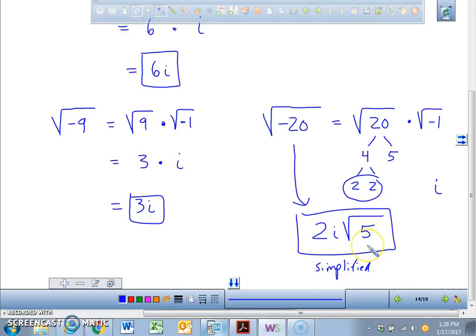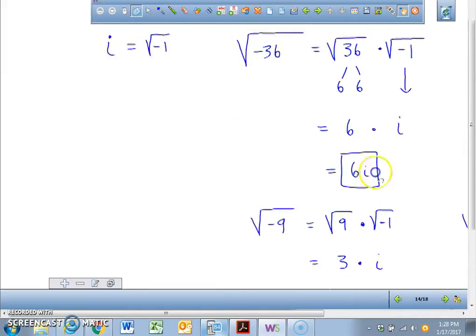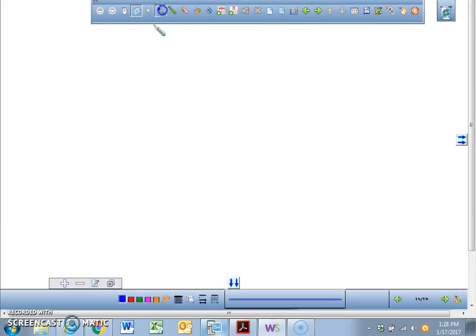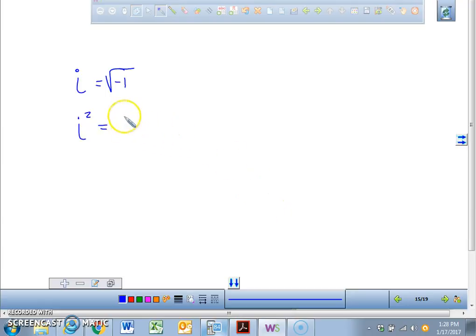All right, so let's continue the pattern of I now. Right here, we know that I is equal to the square root of -1. Next, I want you guys to write I squared equals, and in parentheses in your journal, write the square root of -1 times the square root of -1.